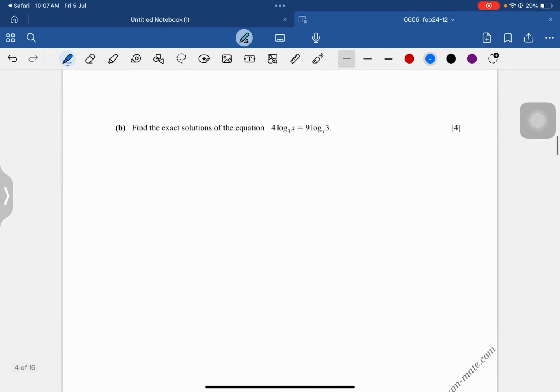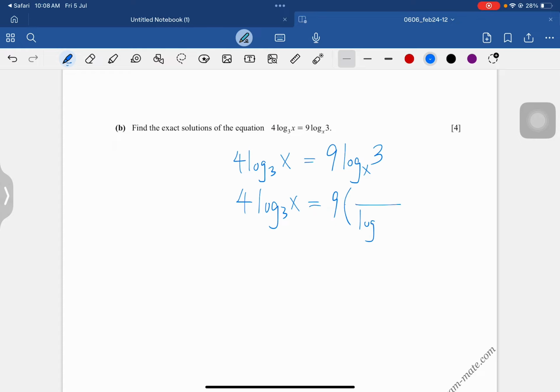Find the exact solution, meaning you can't use a calculator. 4 log cube x equals 9 log 3 base x. 4 log 3 x equals 9. This one I turn into a fraction. You just flip it and put 1 on the top.